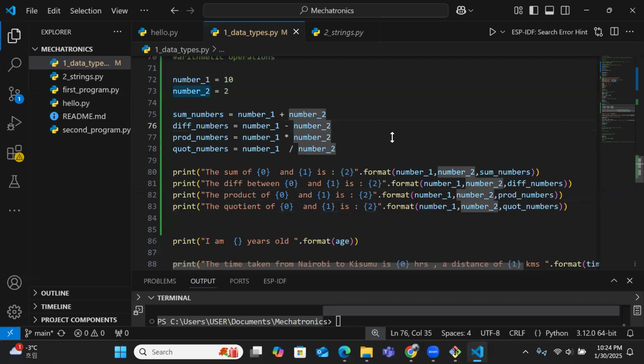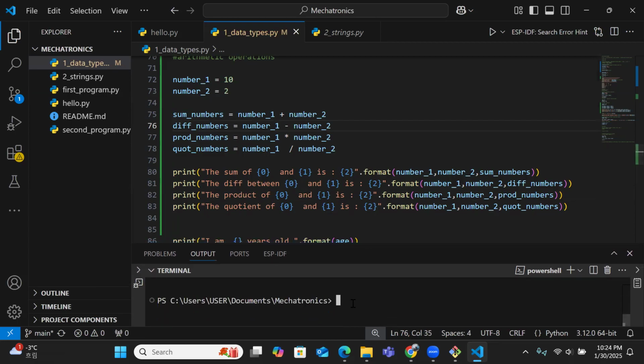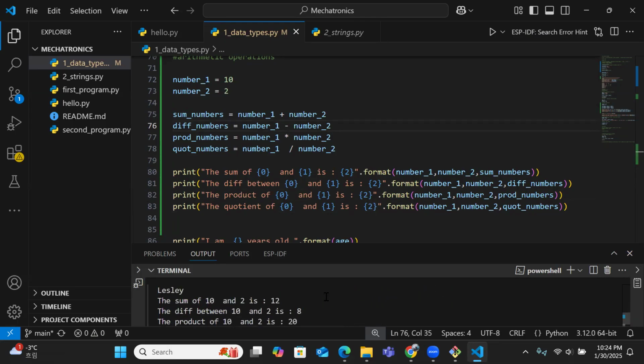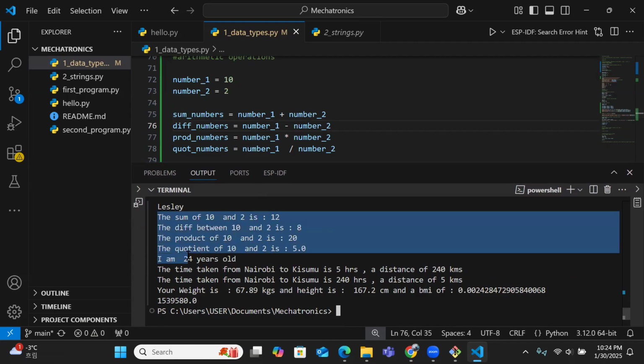You save your work, Control S. Always remember to save your work. And then you come here, Python 1, and you'll be able to see them: the sum, the quotient, the product, and all those. That okay?